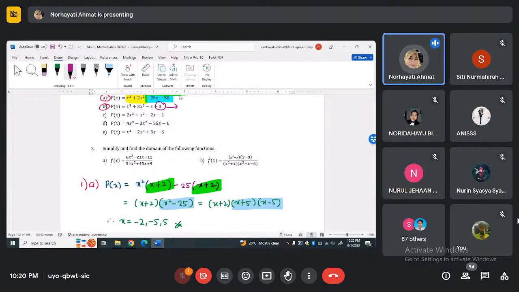Kalau kita cuba buat X kuasa 2 tolak 1. Kita ambil ini. X cube minus X plus 3X square minus 1. Lah boleh juga.